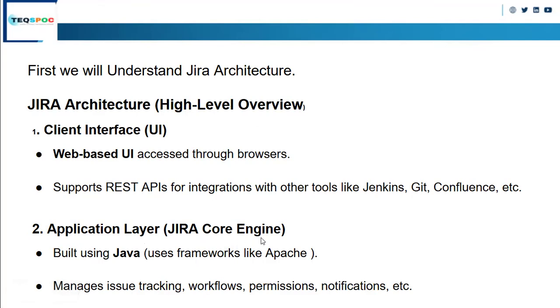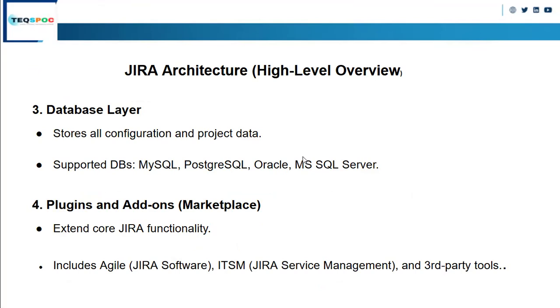Now, second, the application layer, that is the Jira core engine. Basically, Jira is built with the Java language. The framework it uses is Apache. It manages issue tracking. Jira is basically used for issue tracking, workflow, permission, and notification, which we generally provide to respective users. Now, Jira supports different types of databases for configuration and data, like MySQL, PostgreSQL, Oracle, MySQL Server.